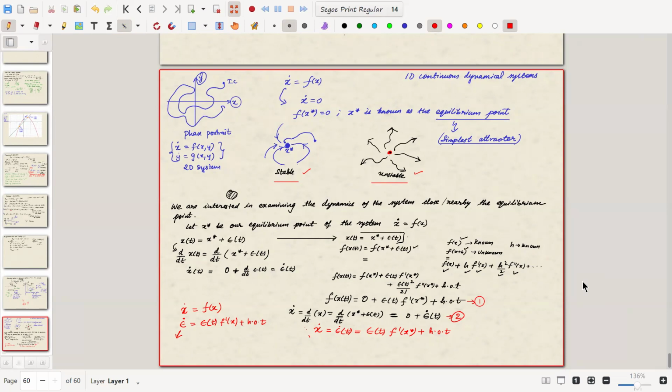Okay. So let us return to our ball example. Epsilon dot equals epsilon t into f prime of x.